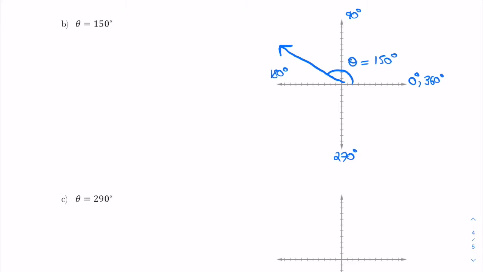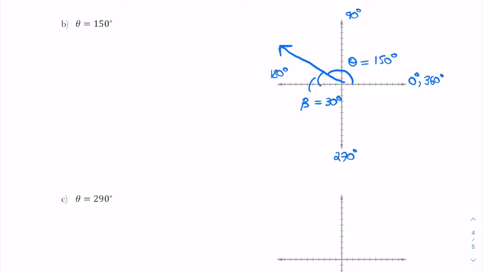That's our principal angle. And because we're in quadrant 2, we do have a related acute angle. Remember, we used the Greek letter beta for that. And that's just the angle between the x-axis and the terminal arm. In this case, I hope you can see it's 30 degrees.